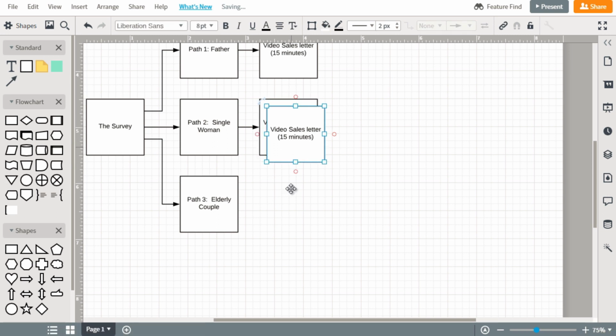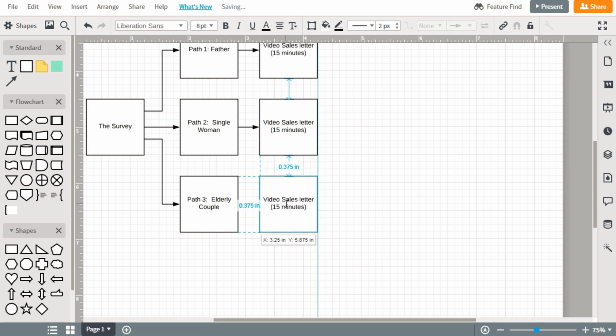But then we found during our research that the elderly couple have more time on their hands, but at the same time they take more convincing and they're maybe reluctant or skeptical of technology. So maybe they require, in this case, a 30-minute video sales letter to really convince them.